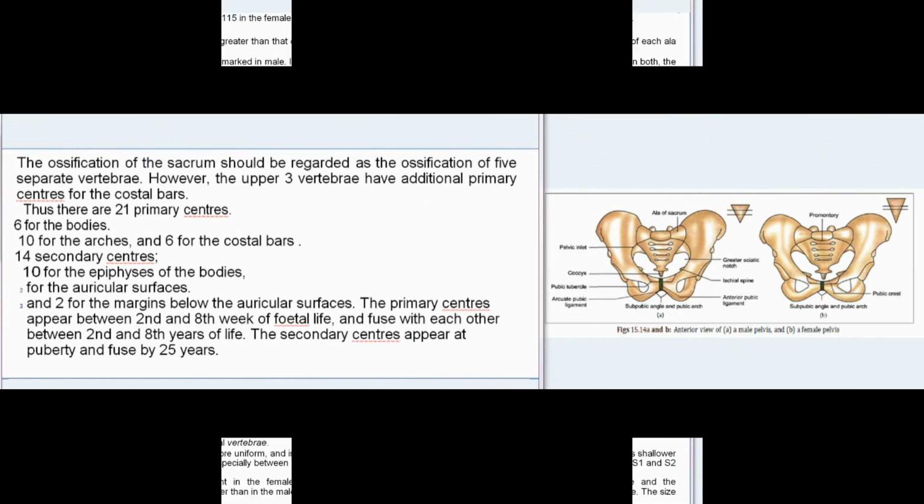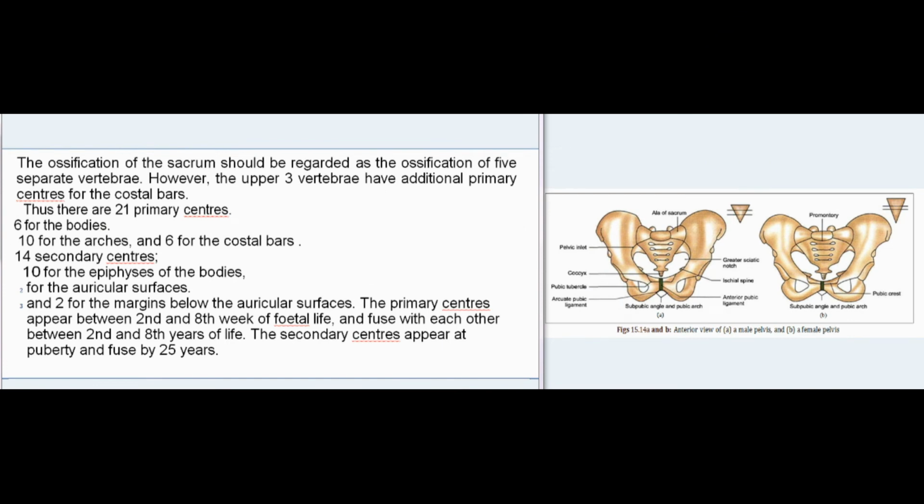The ossification of the sacrum should be regarded as the ossification of 5 separate vertebrae. However, the upper 3 vertebrae have additional primary centers for the costal bars. Thus there are 21 primary centers: 6 for the bodies, 10 for the arches, and 6 for the costal bars.